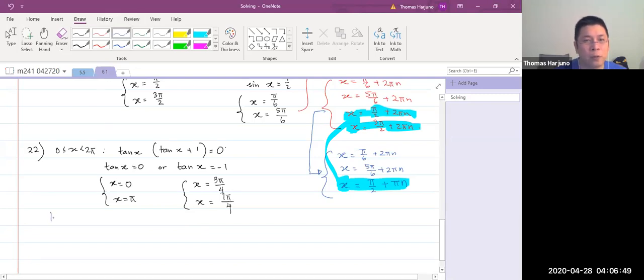If we need a general solution, then it will be x equals 0 plus pi n, x equals 3 pi over 4 plus pi n.